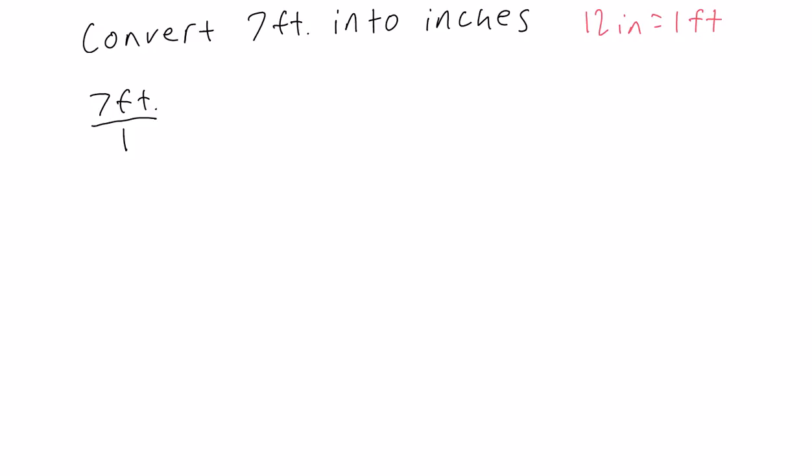The way we figure that out is looking back at what we've already written and where feet is. Feet is on the top of this fraction. That means in the fraction we're going to write next to it, feet has to be on the bottom. So what we're going to write here is times 12 inches over 1 foot.